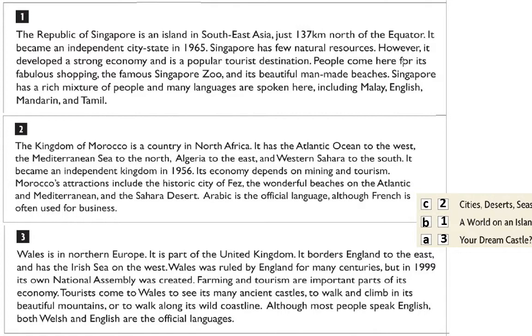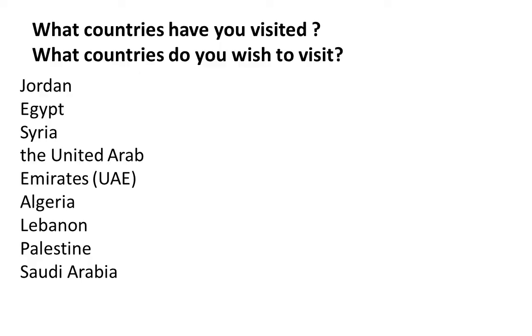Let's go together to the next slide, which is about a list of some countries that you or we have visited and the countries that you or we wish to visit. I will ask you in the class about the countries that you have visited before and the countries that you wish to visit.